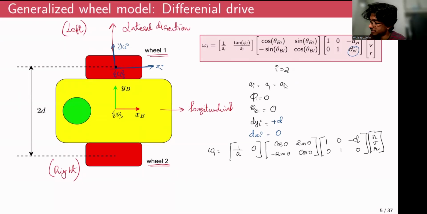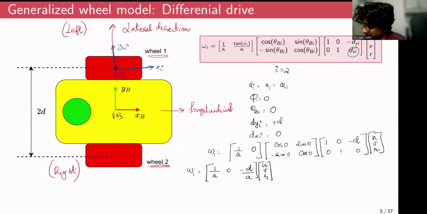So if you expand this equation out, you will get something as follows: omega 1 as 1 by a, 0 minus d by a multiplied by UVR. Right? So I'll just label it like so.